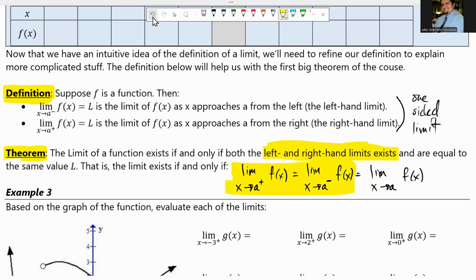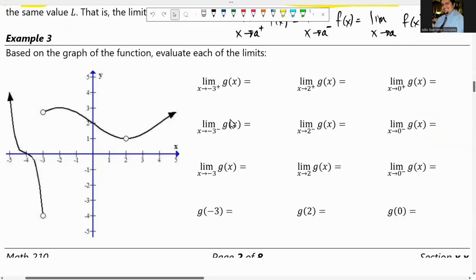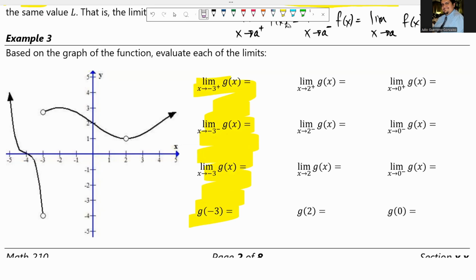So what does this look like? An example. These are supposed to be done in columns, so I'm going to do this column first. For all of these, I want to approach -3 from different directions and then make some conclusions.